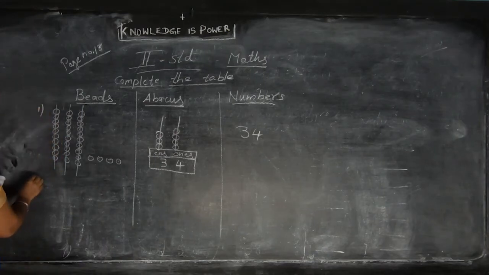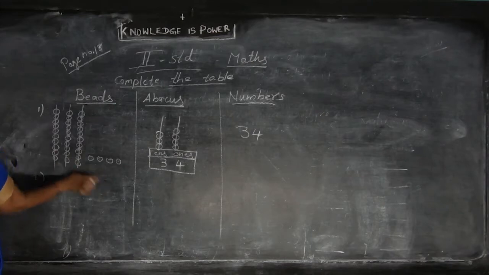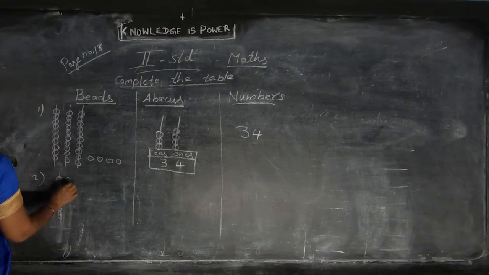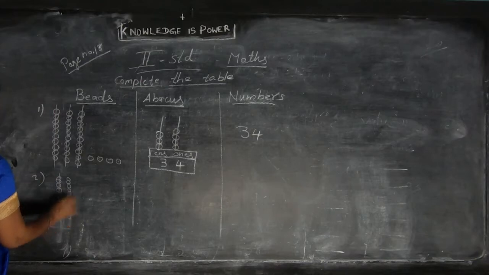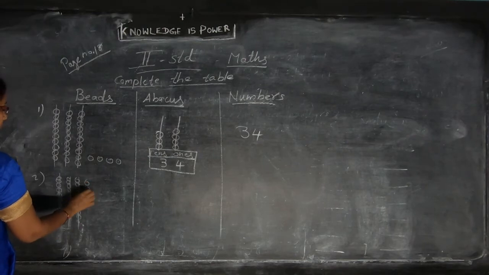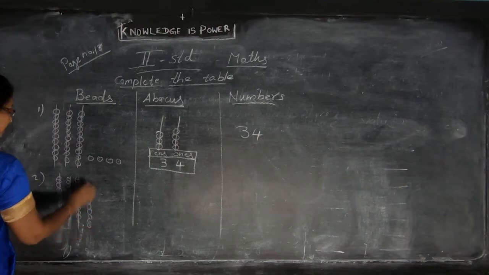This is number 1. Now we are going to write number 2. 1, 2, 3, 4, 5, 6, 7, 8, 9, 10, and again 10, again 10, again 10.